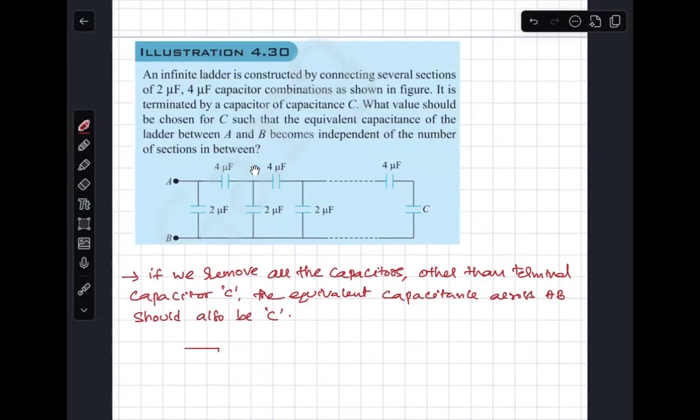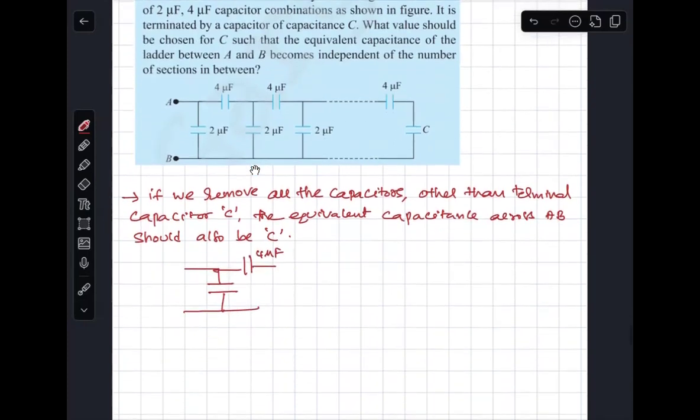Now you have the arrangement. You have this arrangement, 4 microfarad and a 2 microfarad. And you have the arrangement, say A dash, B dash, the last one, 2 microfarad, 4 microfarad, C. This is the arrangement.